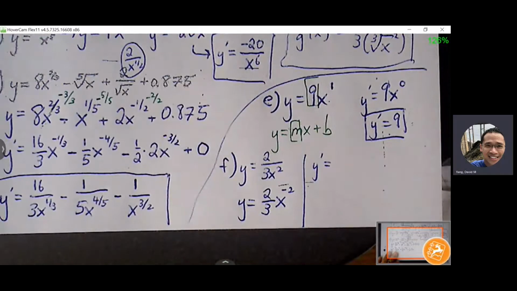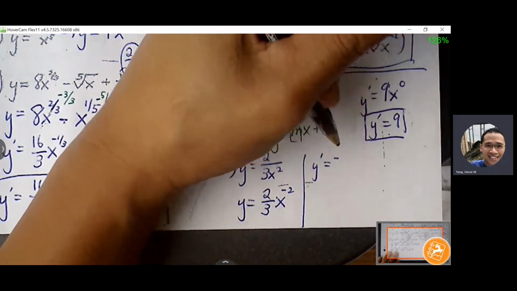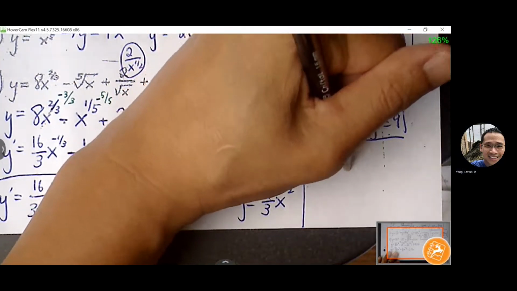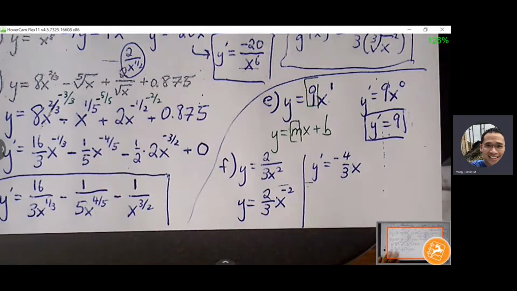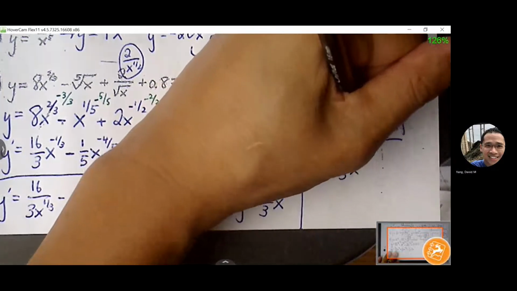Y prime, bring down the negative 2, multiply by the existing 2/3. What's my new exponent? -3.